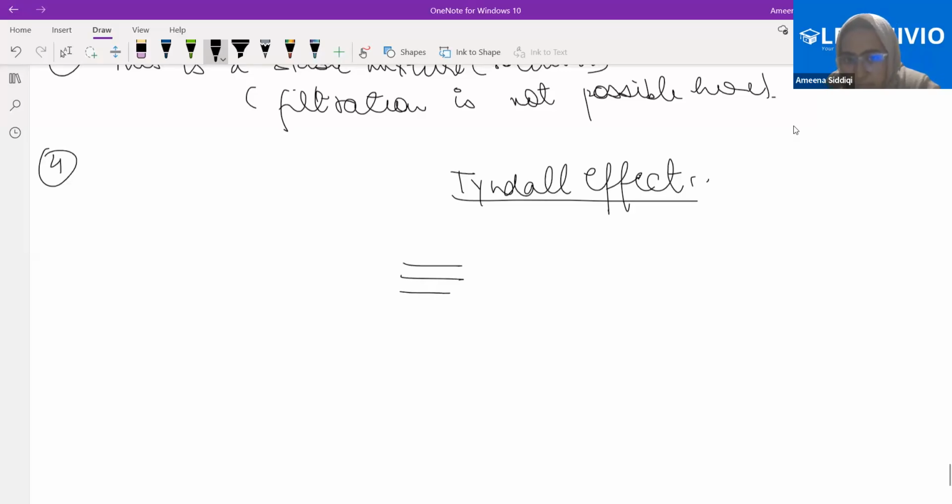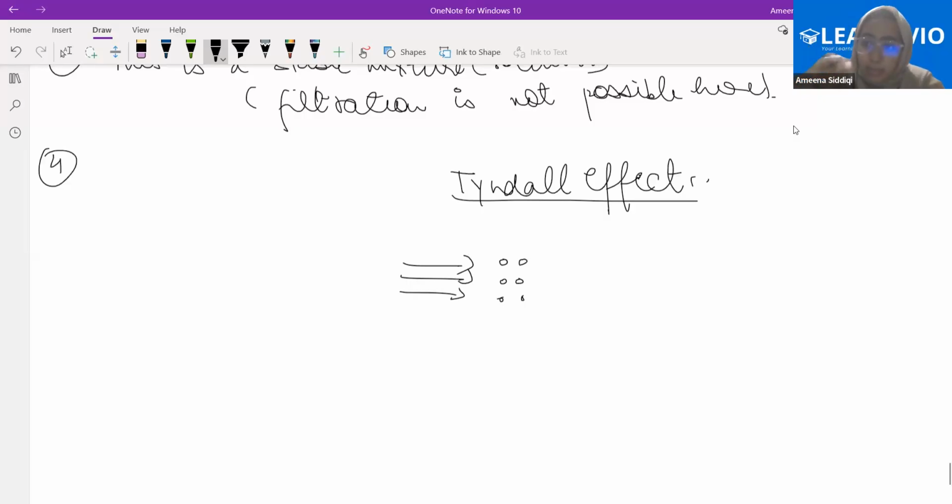What happens if we have a beam of light, many rays of light, and they interact or collide with some particles? If the particles are very small, they will not be able to change the path of the light, that means they will not be able to scatter the beam of light. If the light is not scattered, we cannot see the path of the light.